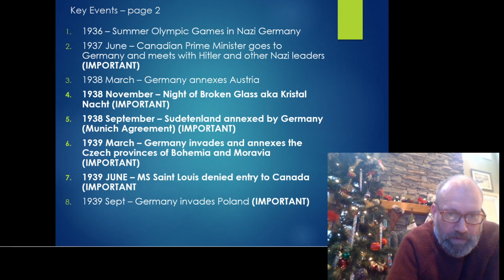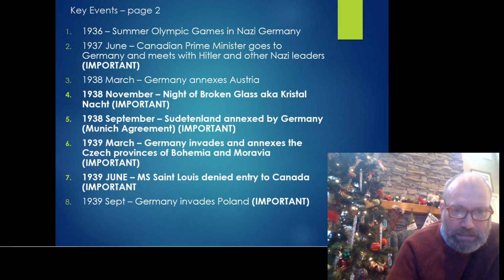1936 Summer Olympic Games in Nazi Germany. This is controversial, but the most important part is eventually the Canadian Prime Minister goes to Germany and meets with Hitler and other Nazi leaders. This is really important for the Canadian connection. If you Google Canadian Prime Minister Mackenzie and Hitler, you will find that he was at this point in time sympathetic or leaning towards wanting to be friends with Hitler and the Nazis, depending on the source you read.